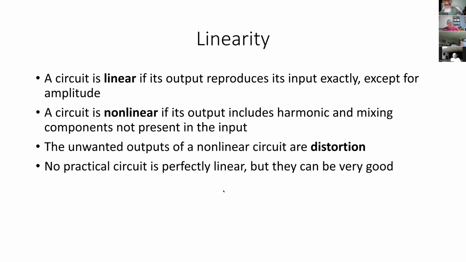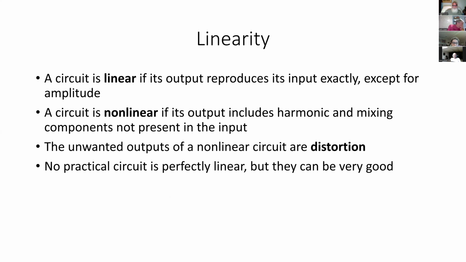Now, there's a concept called linearity. A circuit is linear if its output reproduces its input exactly, except for amplitude. So the relative frequencies of the components of the input signal are the same on the output, and the relative strengths of the signals on the input are the same on the output.